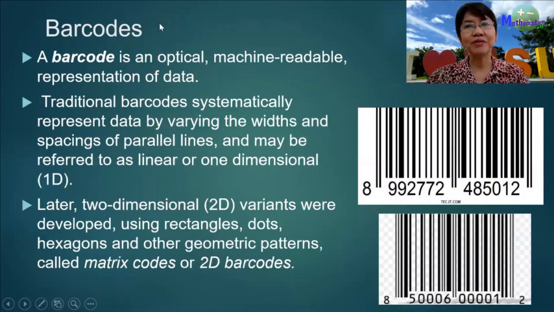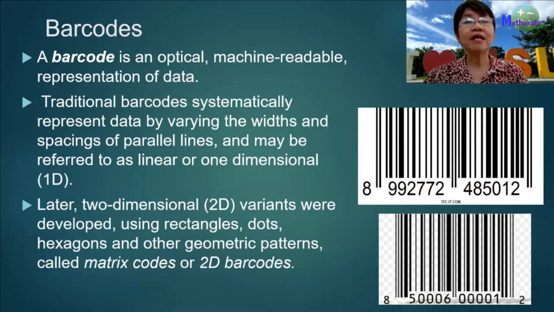Now let's move on to barcodes. These are familiar. You can see barcodes in your favorite food stuff, in your junk food, and in almost anything that we buy in stores. A barcode is an optical machine-readable representation of data.